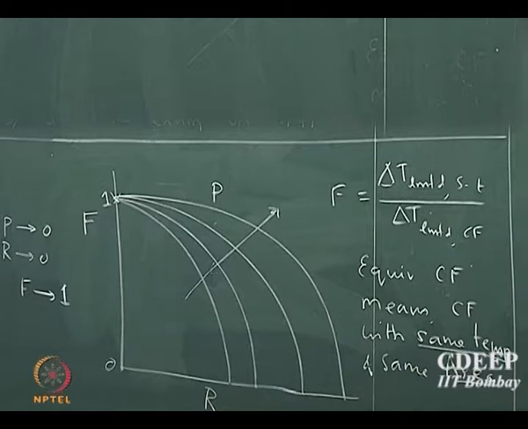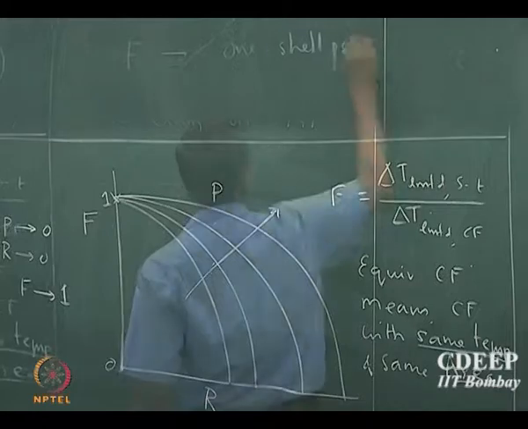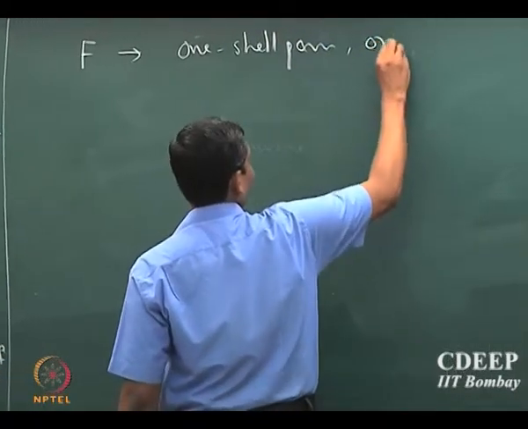So this has been worked out. This kind of graph has been worked out for all kinds of shell and tube configurations. We will not go over all of them, but all these graphs are available, also in tabular form. So F is available for 1 shell pass, 1 tube pass.